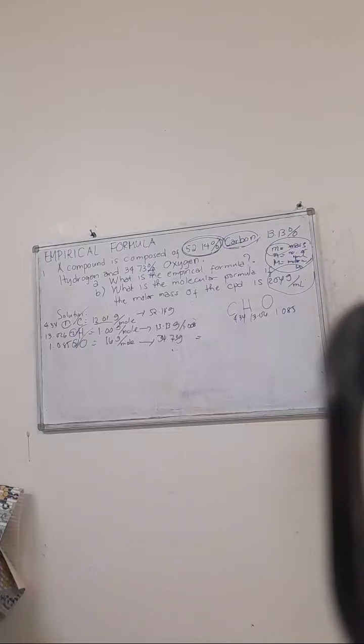The rule is you need to get the least number of moles, so consider 1.085, the least, and then divide each element by it. So 4.34 divided by 1.085, 13.026 divided by 1.085, and 1.085 divided by 1.085.